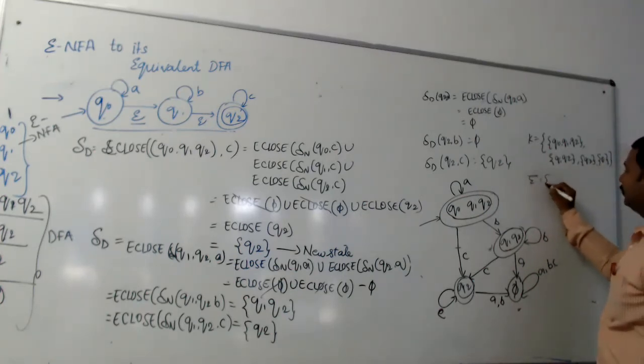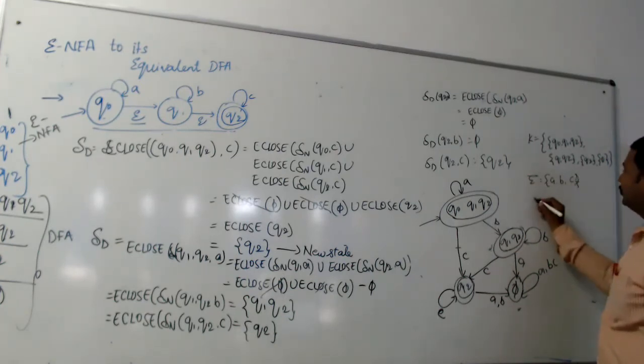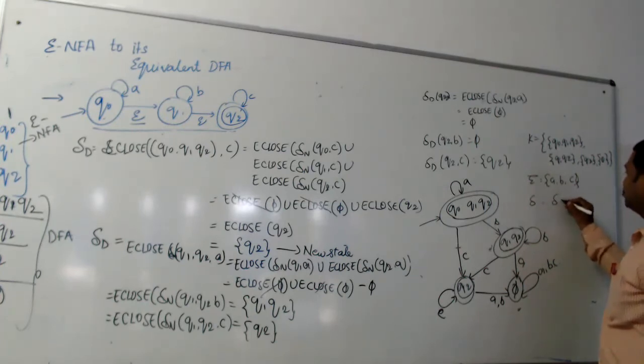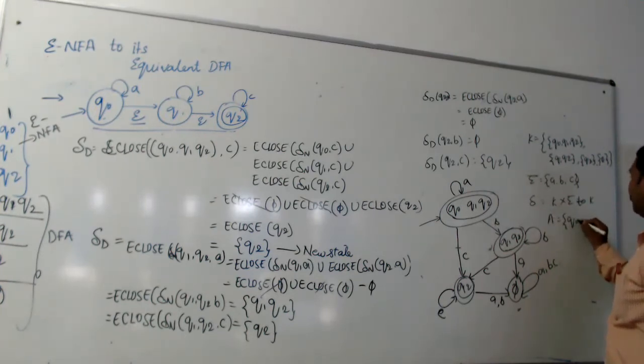Alphabet set A, B, C. Transition from K cross alphabet set to K. Next, the starting state and the accepting states, all three: Q0, Q1, Q2, Q1, Q2, and Q2.